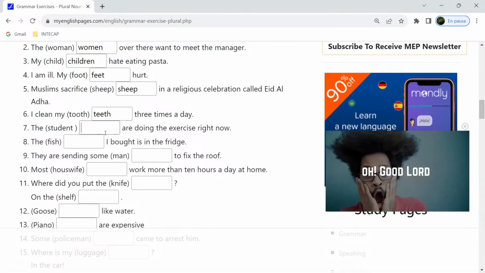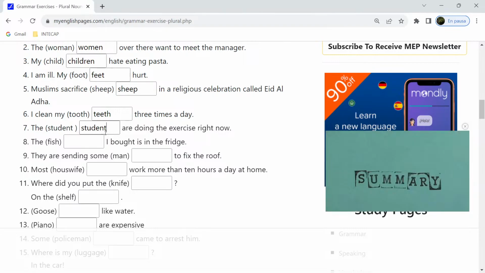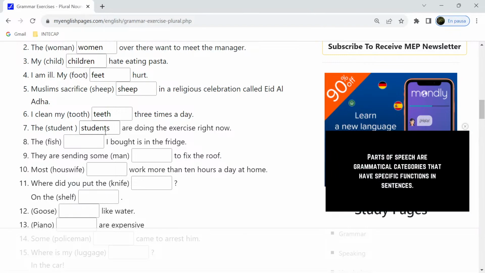The studies. Oh, the students. There you go. The students. Could you read the entire sentence, please? The student are doing the exercise right now.